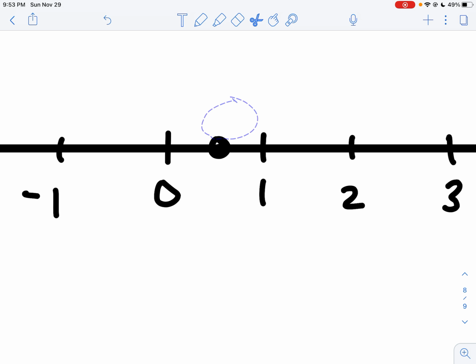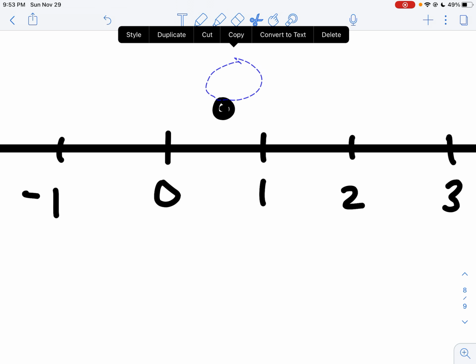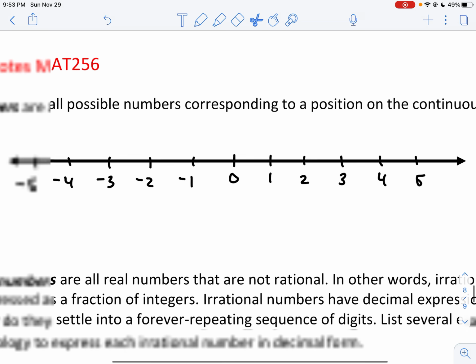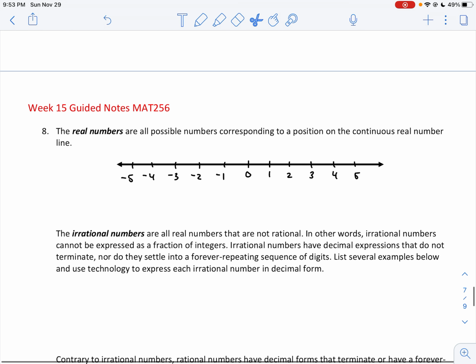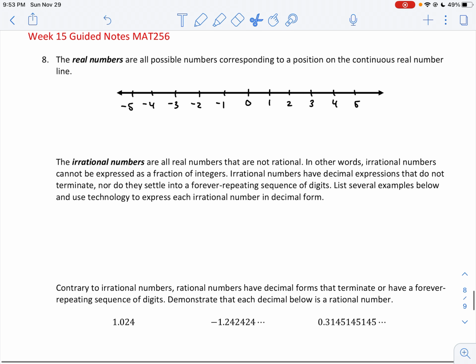There's a point on here that, no matter where you put it, is going to be a certain distance either to the right of 0 or a certain distance to the left of 0, and you're free to move it in a continuous way to any distance. Well, all of these little positions represent a different number, and they're called real numbers. So you have all these different distances to the right of 0 and all these different distances to the left of 0. And all of those are called the set of all real numbers.